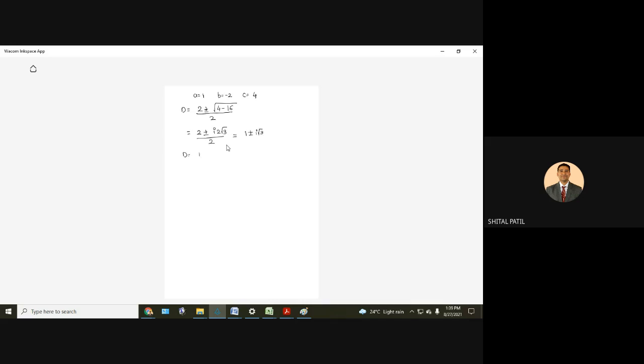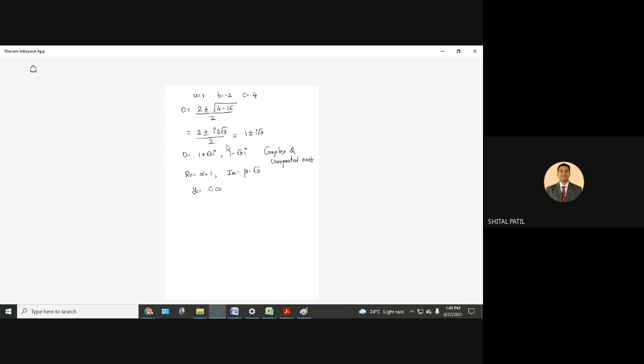So D equal to 1 plus root 3 I and 1 minus root 3 I. Okay. Complex and unrepeated roots. Real part alpha equal to 1. Imaginary part beta equal to root 3.